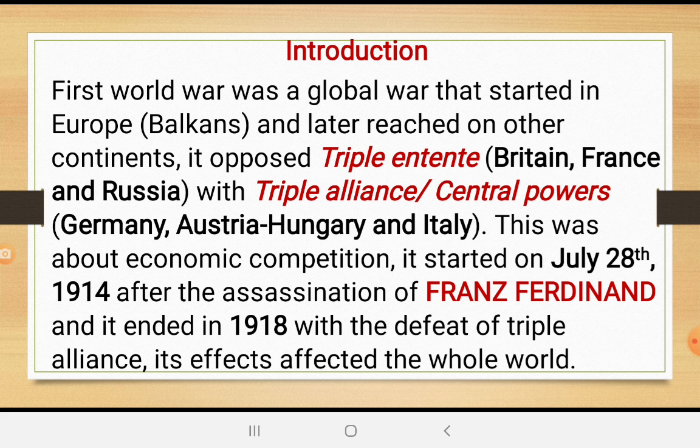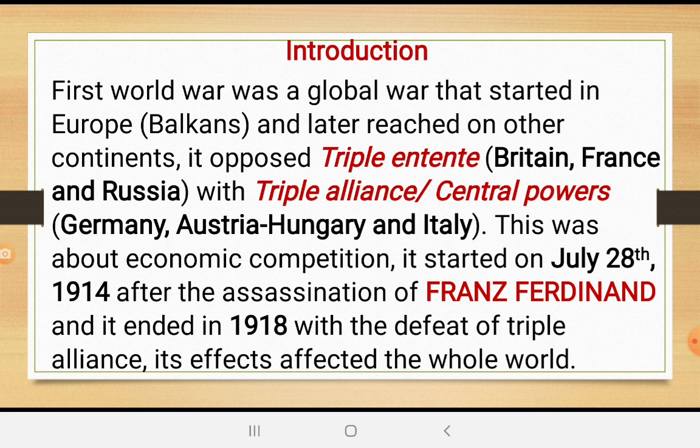Then, what is Triple Entente? Triple Entente is composed by Britain, France, and Russia. But also there are some other areas, small areas that are not really important to focus on.